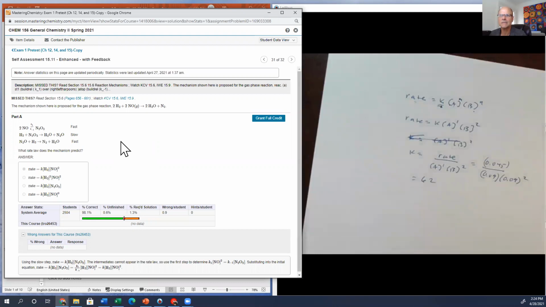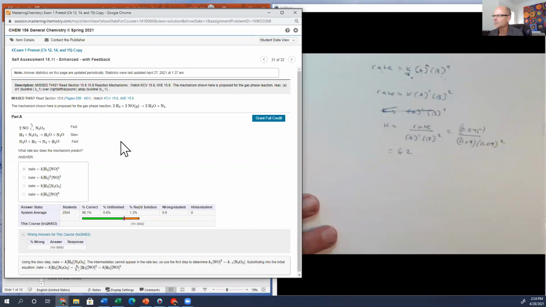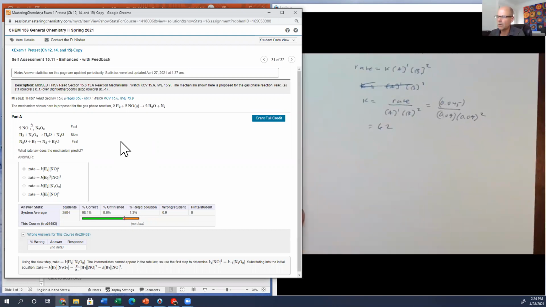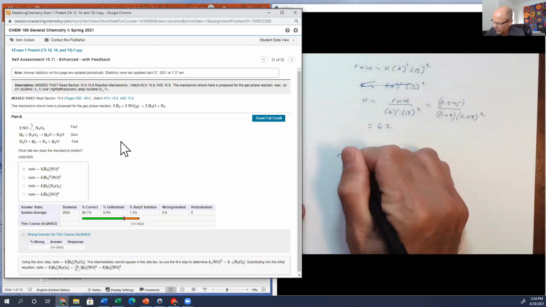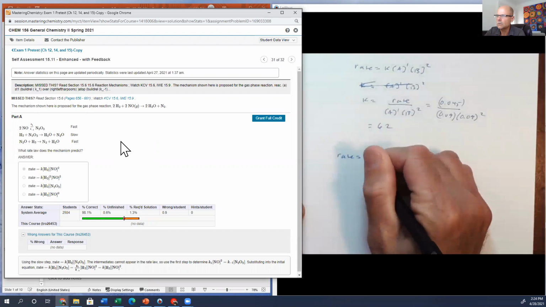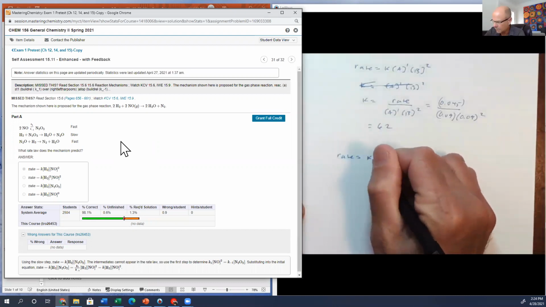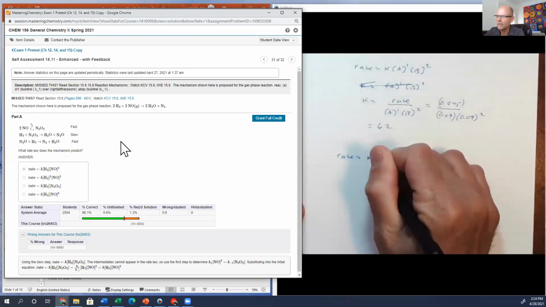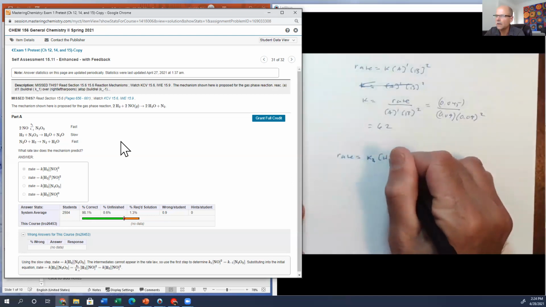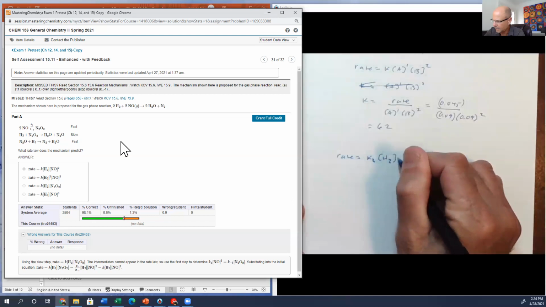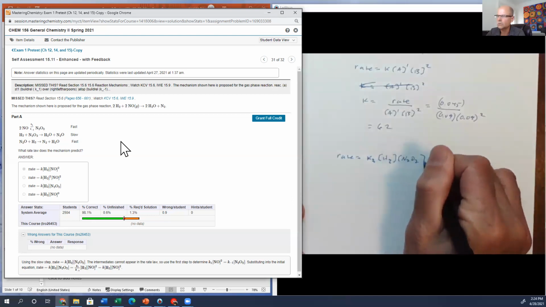Those are the two basic ideas behind this problem, okay? So let's start with the slow step. And we could say that from the slow step, we know that the rate is equal to K, let's call it K2, even though it doesn't have a K2 there, for that step, times the concentration of H2 times the concentration of N2O2, right?